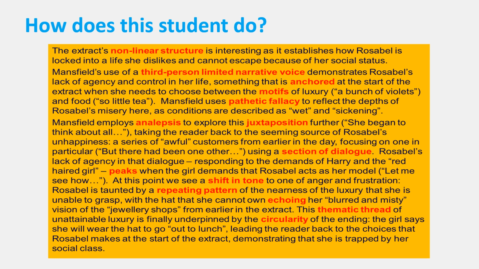The answer is, how does the student do? They do fantastically. They've done the coat hanger phrase in a slightly different way to the way that we would absolutely recommend, but they've still done the same things. They talk about structure and narrative voice first, and they come up with an overall effect of those things, this sense of her being trapped and not having any agency, any power in her life. They then pick up on a series of structural methods.